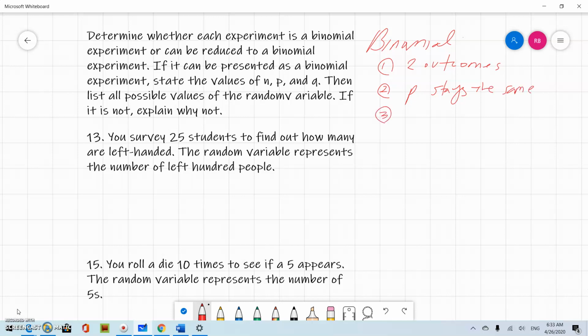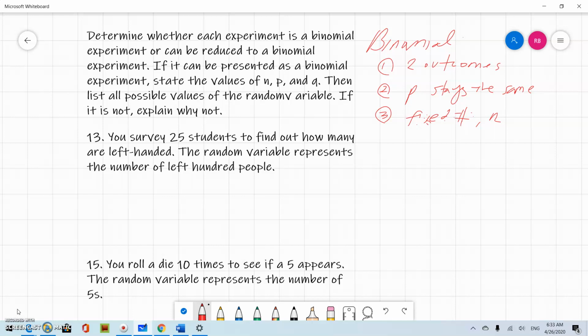And that you have to have a fixed number n. So you couldn't say, I'm going to ask people until I find a certain number. It was, I'm going to ask n amount of people before you start, right?